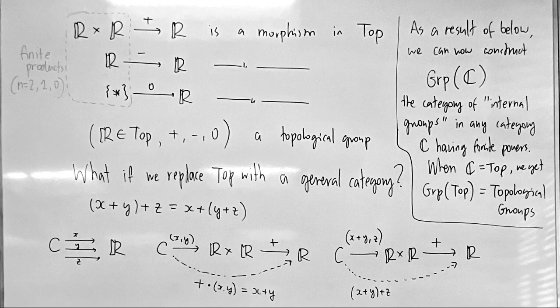And this is for every base C and every three generalized elements x, y, z with base C, so elements of Hom(C, R). I'm still using the bold face R, but now we just think of this R as an abstract object in an abstract category having products.